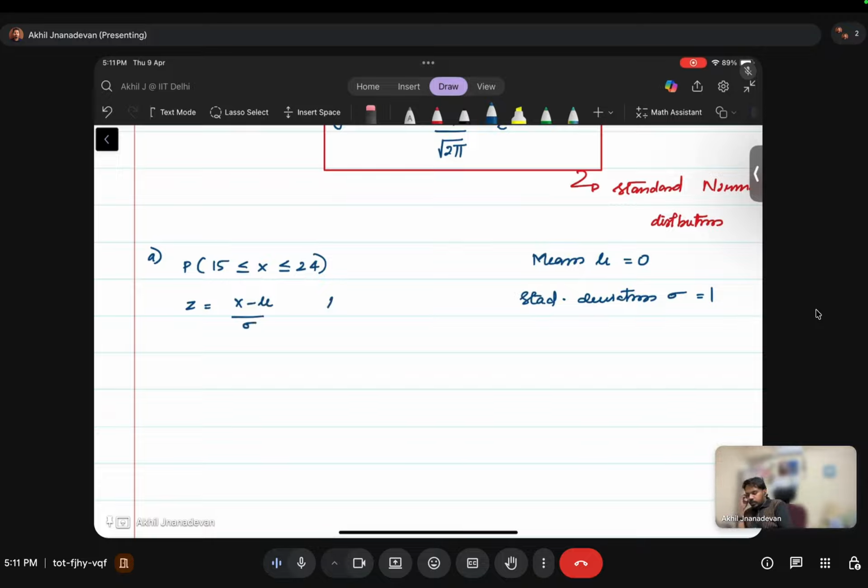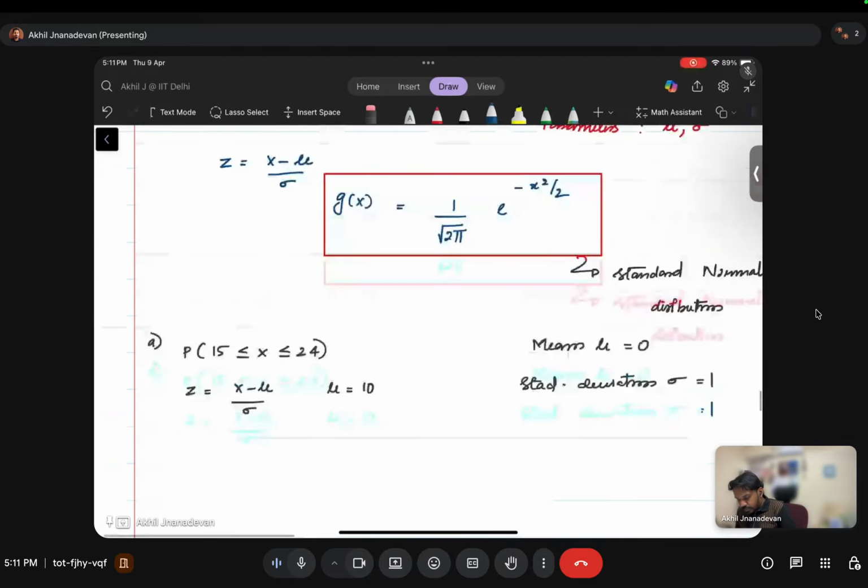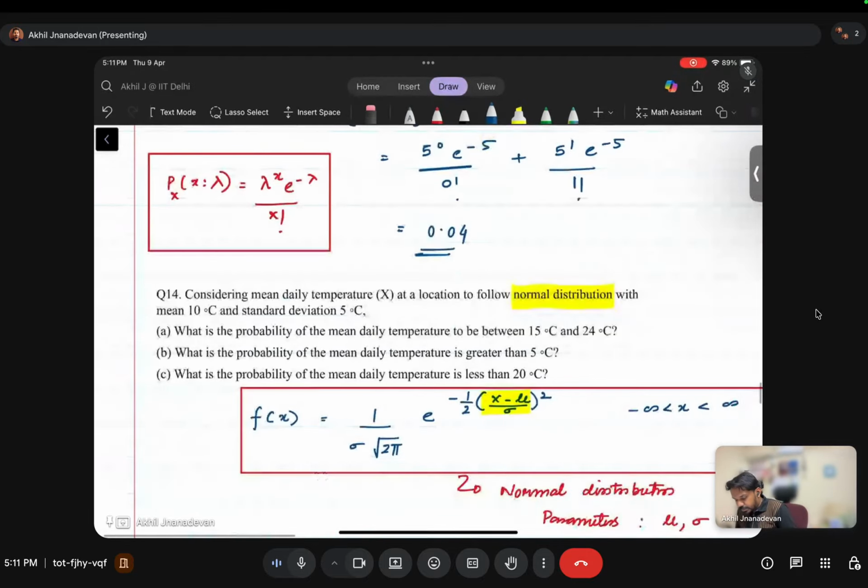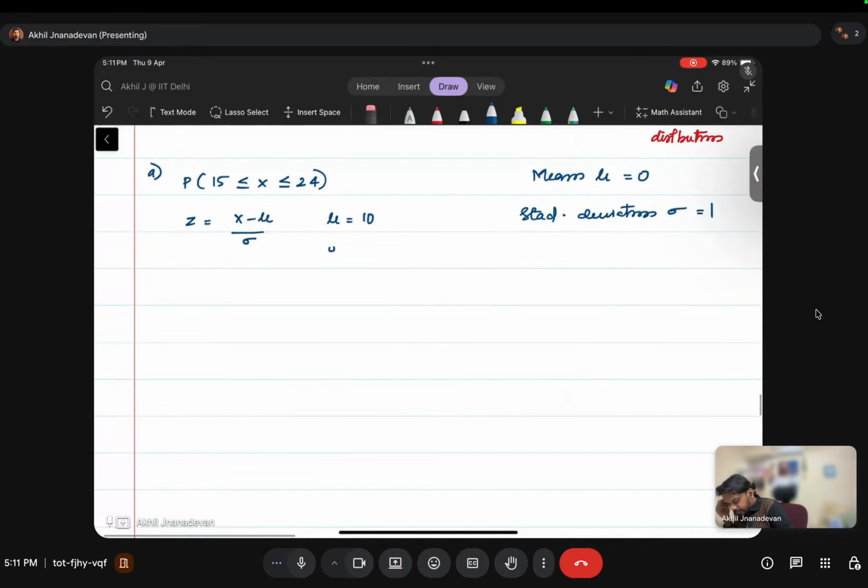Here mu is 10 and sigma is 5, as given in the question. So Z corresponding to 15 is, we can write, 15 minus 10 by 5 less than or equal to x minus mu by sigma less than or equal to 24 minus 10 by 5.